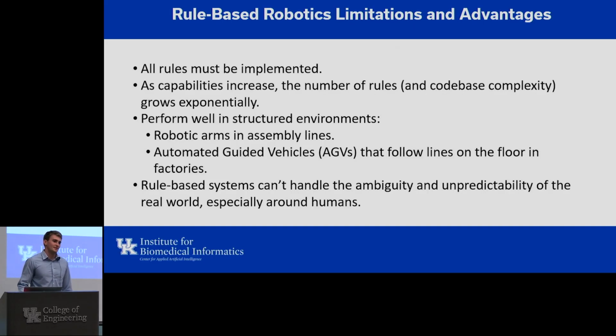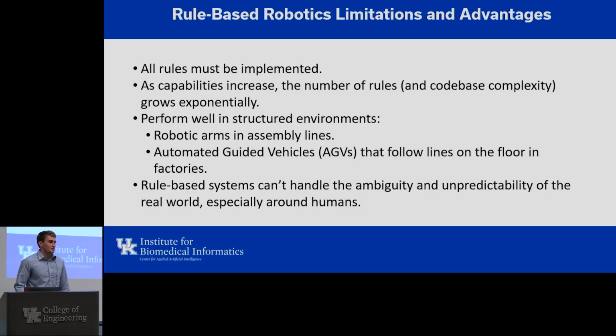Amazon has these employed in its factories using rule-based programming, and that works well because those factories are very predictable. They're a well-oiled machine, and you can make those rules. When you start dealing with humans, though, that quickly breaks down because human interaction by nature is very unpredictable and ambiguous a lot of the time.